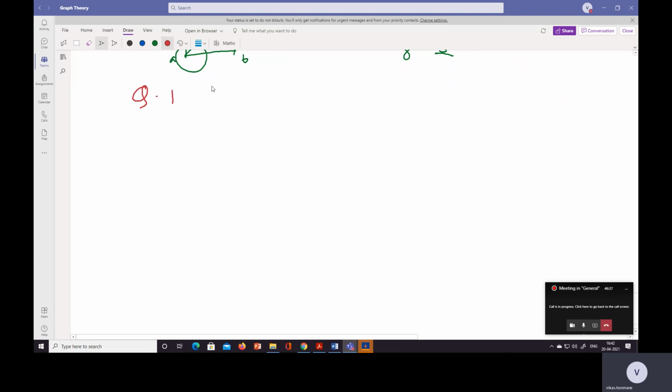Question 1. An undirected connected graph has 27 edges.